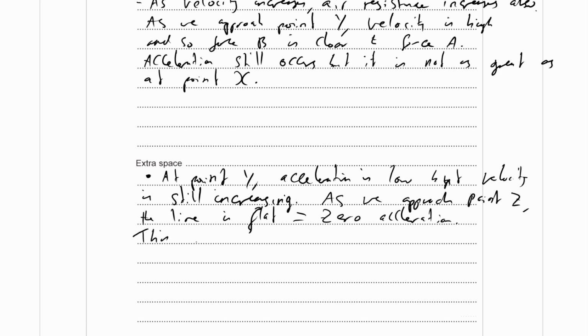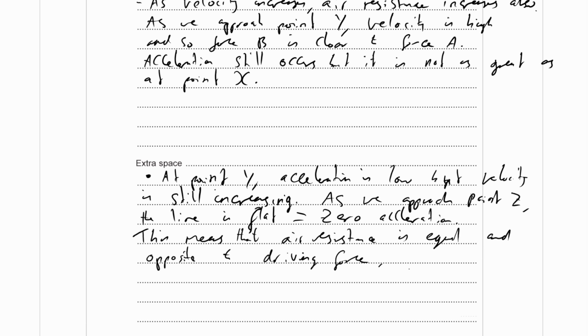This means that air resistance is equal and opposite to driving force, which is of course friction between the tyres and the road. Driving force and resultant force is 0. Okay, we have reached terminal velocity.